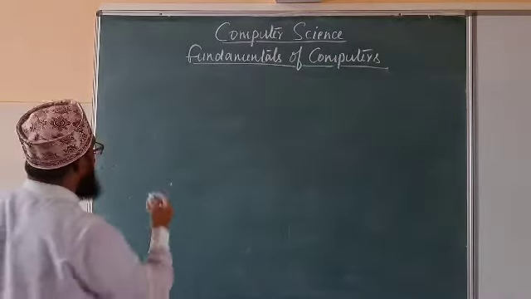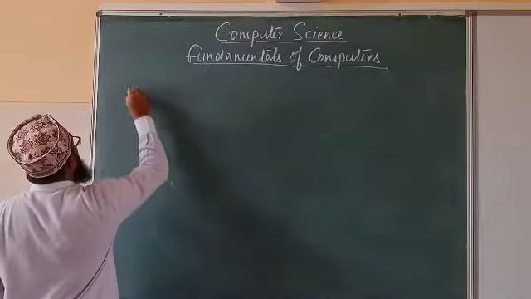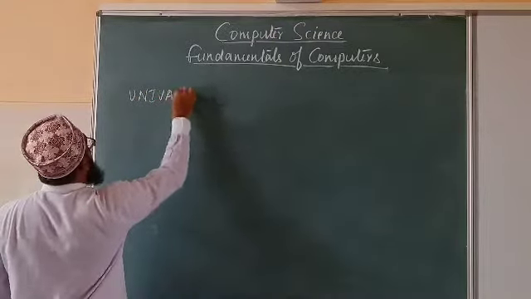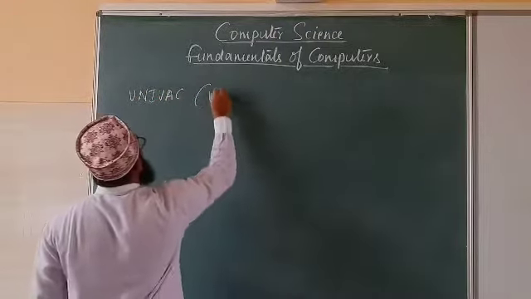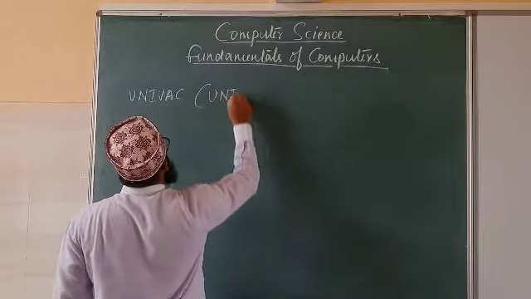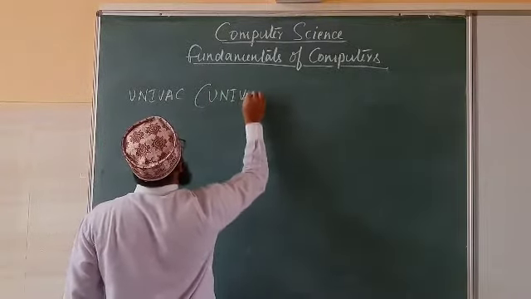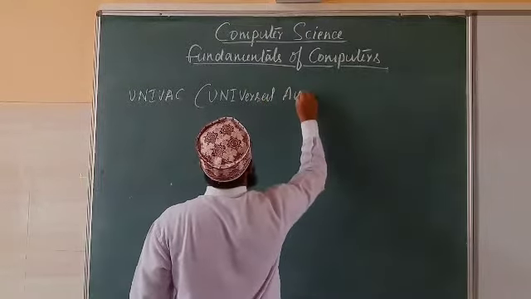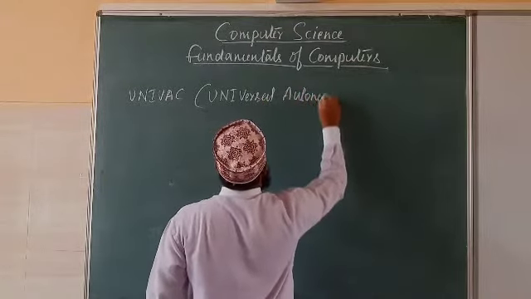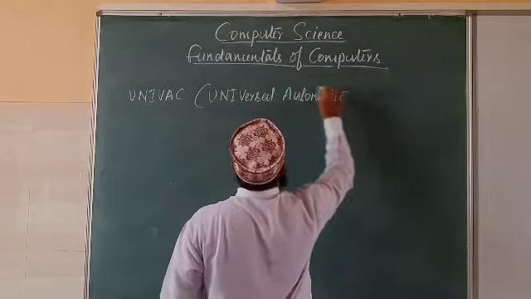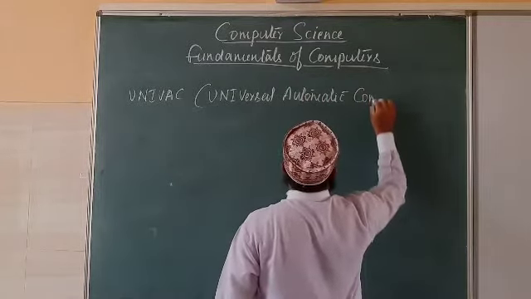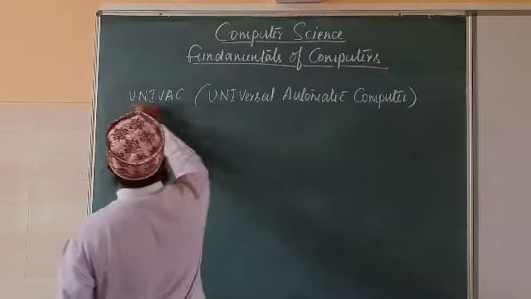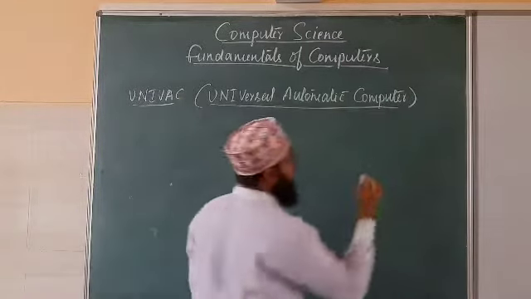And the last type is UNIVAC. This means Universal Automatic Computer. So this is the last type of computer.